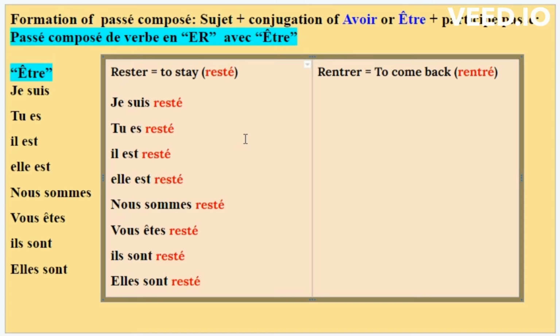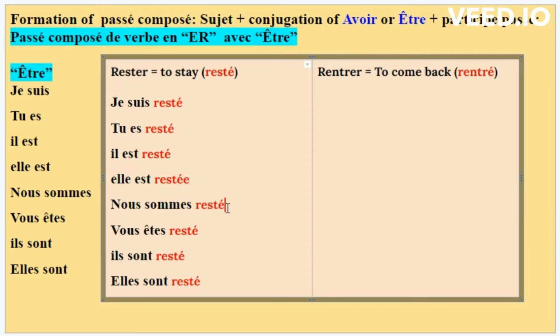Okay? For example, here, je suis resté, no problem, it's okay. Tu es resté, let me assume that tu here is masculine, so it's okay like this. Il est resté, this is correct. Elle est restée. We are going to add another E because elle is feminine, so it has to agree both in gender and number. So we say elle est restée.